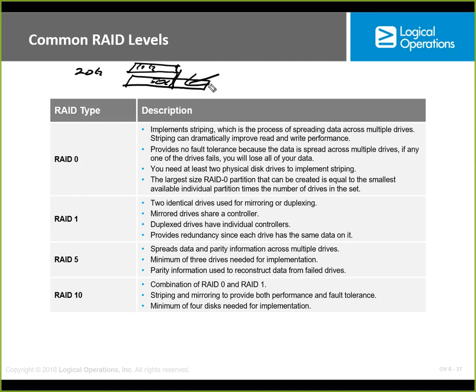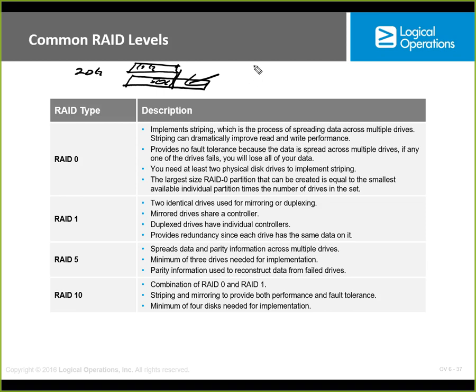The rest of this we can use for something else, but it can't be part of the RAID. So the individual RAID partitions or volumes can only be as big as the smallest ones.